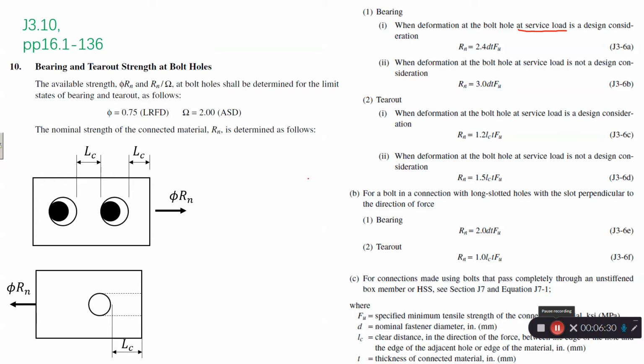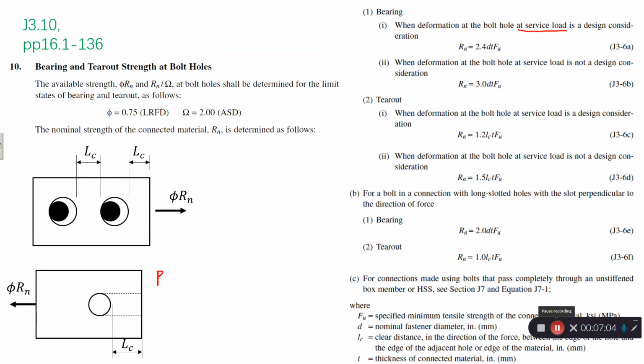The value of 2.4 corresponds to a hole elongation of about 1/4 inch. It just gives you the amount of hole elongation. Tail-out is only related to the edge-to-edge distance Lc, and we can actually derive it.